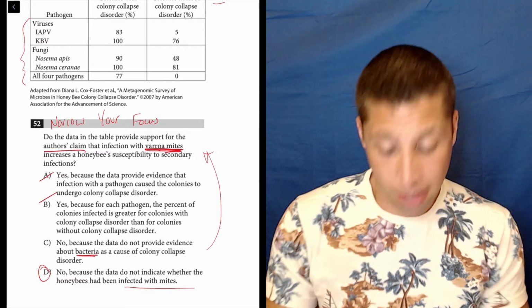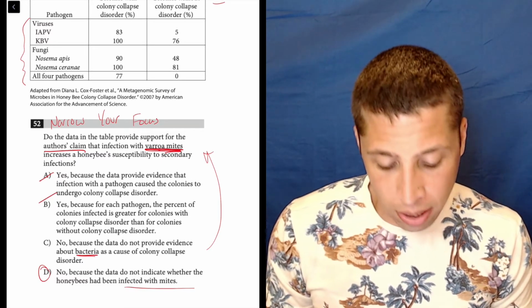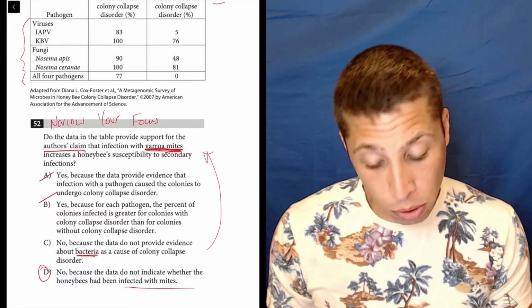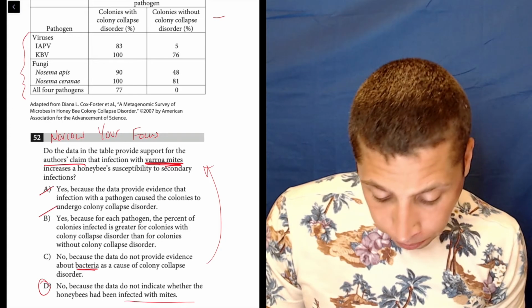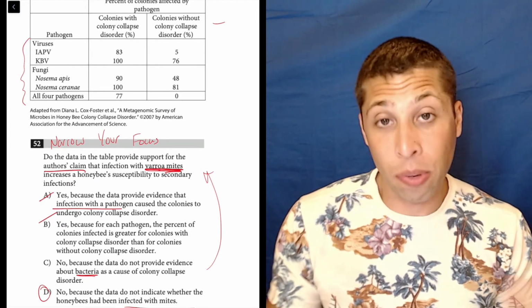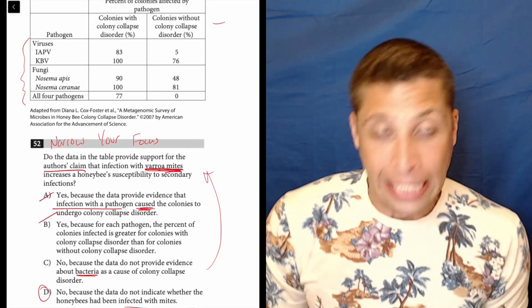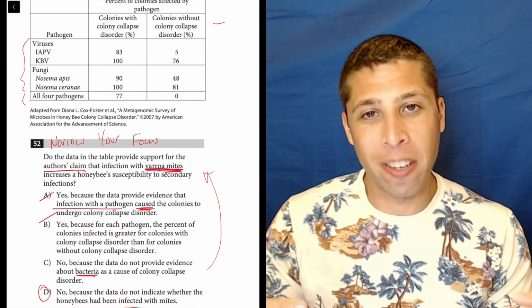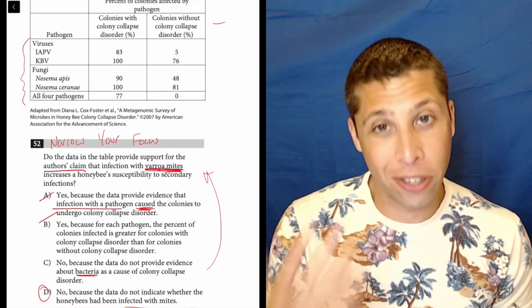It's about mites. A, yes, because the data provide evidence that infection with a pathogen caused the colonies to undergo colony collapse disorder. Well, I mean, that's a little strong. Infection with a pathogen caused the colonies to undergo it. I mean, it seems like the numbers are suggesting that, but cause is very, very strong. I mean, we like to think about things as being evidence of something else, not necessarily direct causation or direct proof.